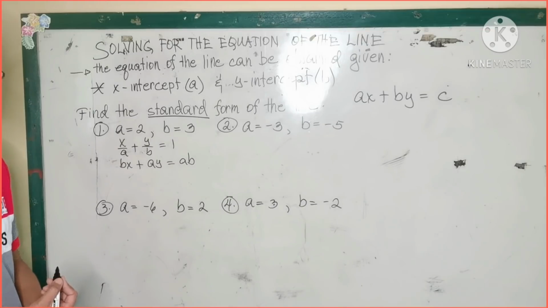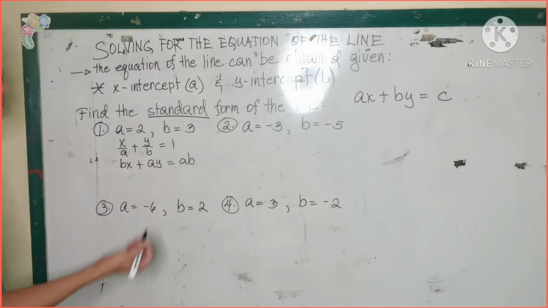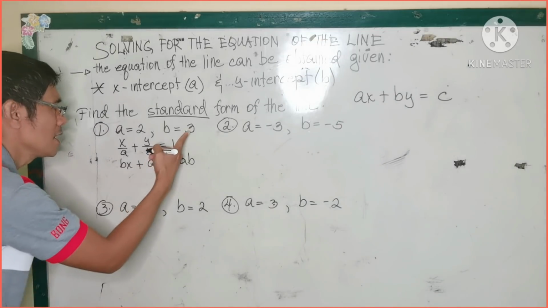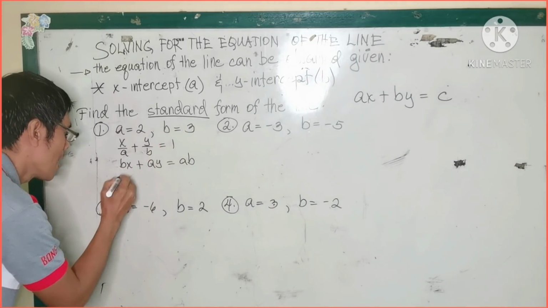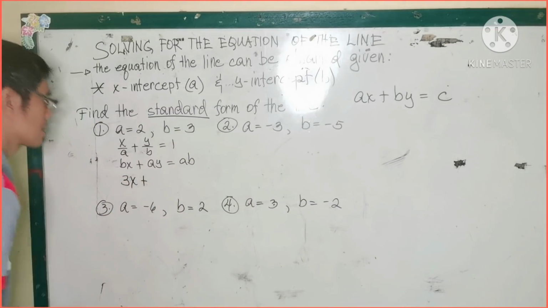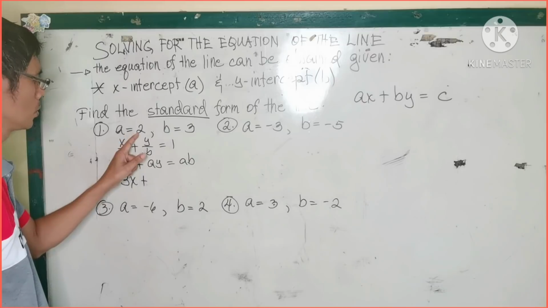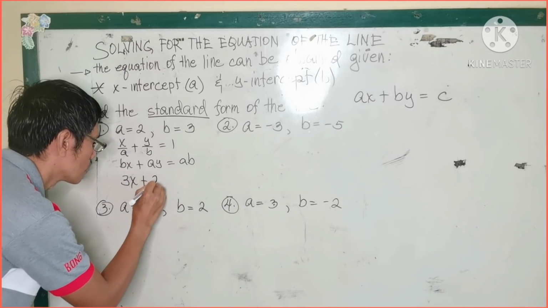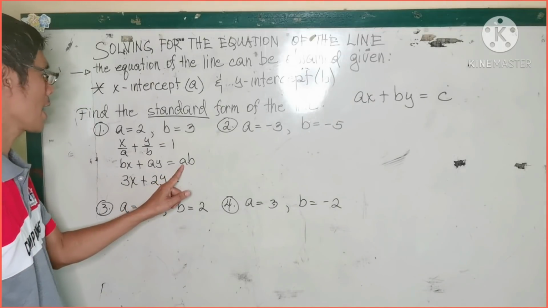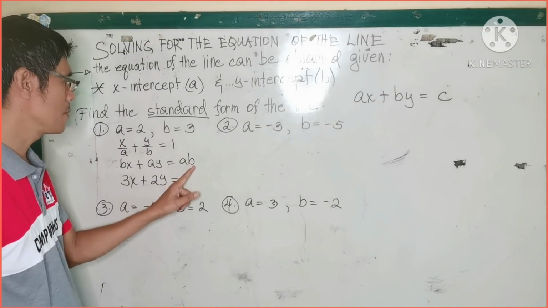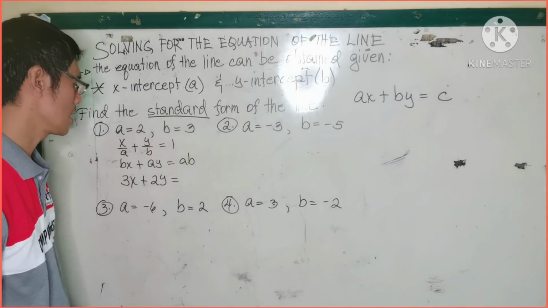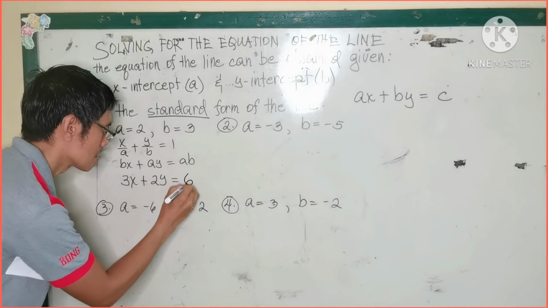So very easy. By substitution, what is our b? B is 3. So we have 3x plus, what is our a? 2. So that is 2y equals, what is our a? 2. What is our b? 3. Multiply this. 2 times 3. That gives us 6.